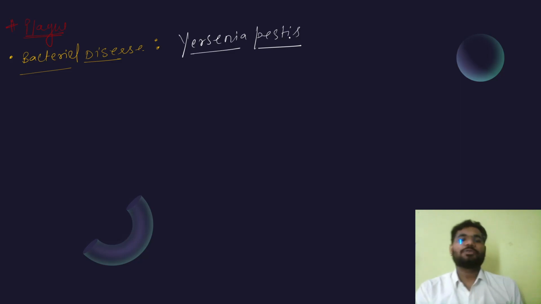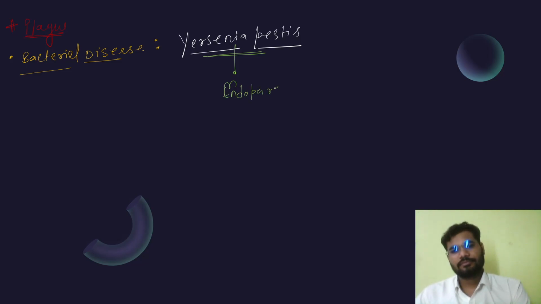Now it is a bacteria. Whatever I'm going to tell you now is very important. Actually, this Yersinia pestis is an endoparasite. Yes, this bacteria lives in someone else's body. So who is that someone else? Let me tell you. This Yersinia pestis, the causative agent of the plague, is an endoparasite on Xenopsylla, not Xenopsyllus.